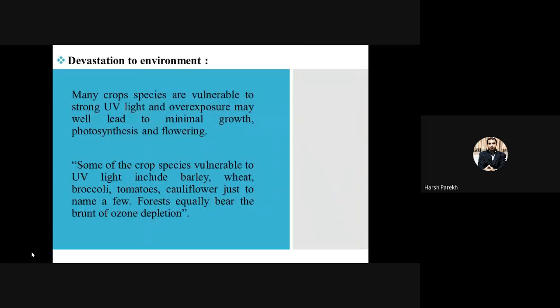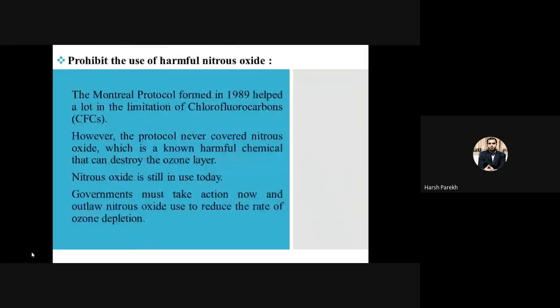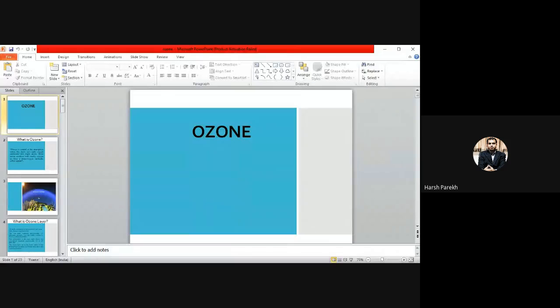Now we will not go through this, because you are supposed to prepare it on your own. So, Alfred, in the next lecture you are supposed to prepare a presentation on the ozone layer, the worst effects of ozone depletion, what we can do to protect the ozone layer, and which other gases are not allowing ozone to work in its proper manner.